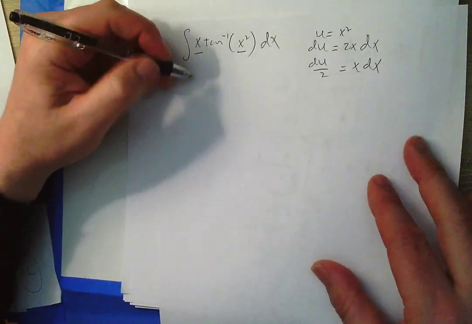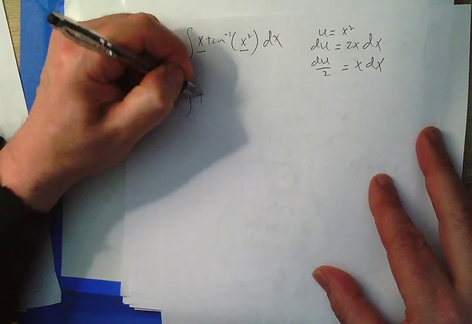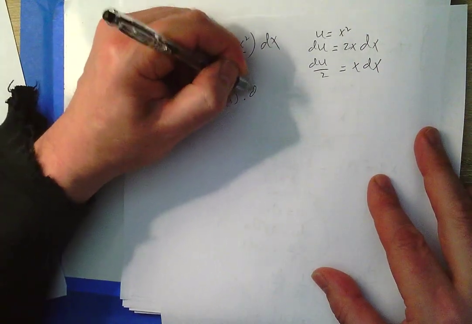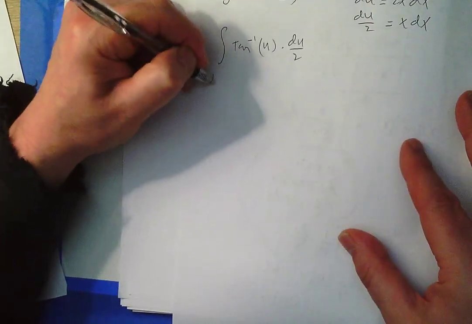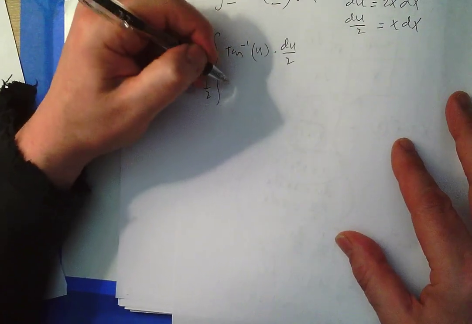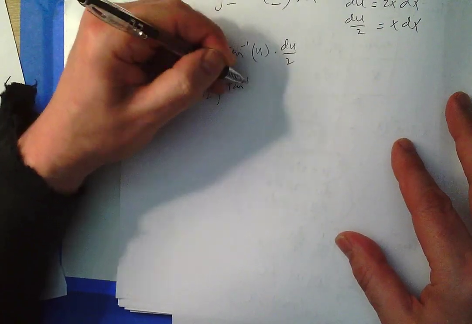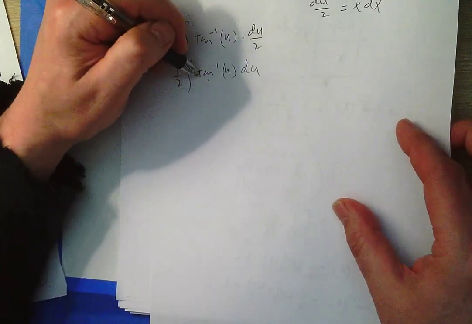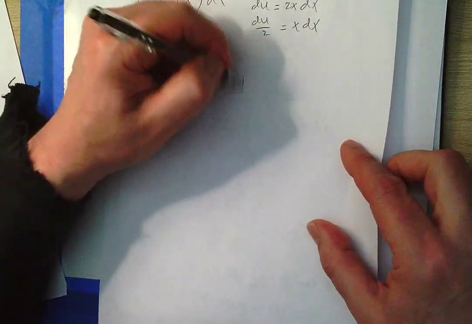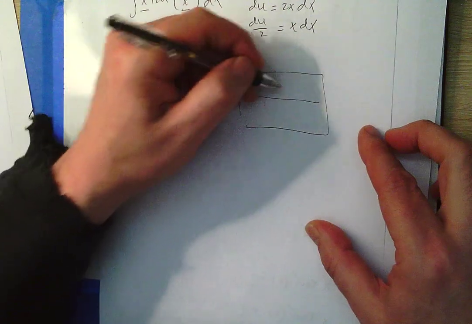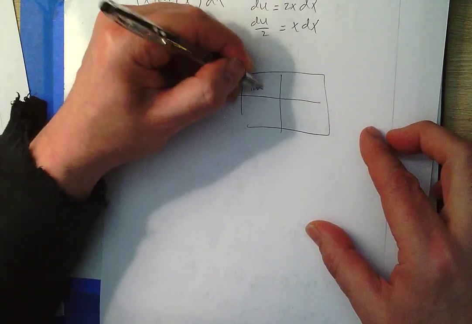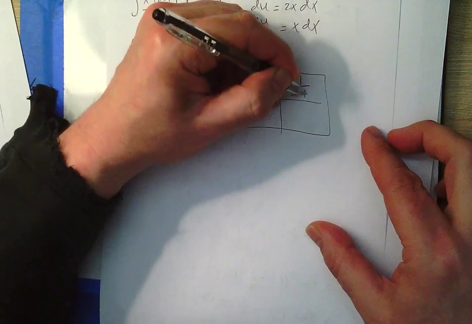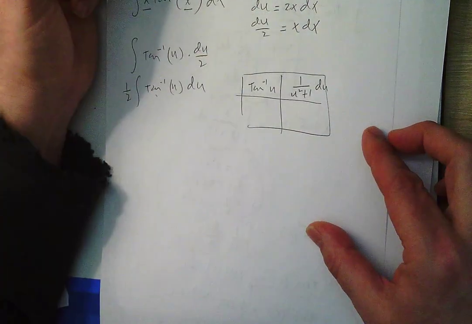So I can rewrite this integral as tangent inverse of u times du over 2, or 1/2 integral tangent inverse of u du. Now I'm ready to do the last antiderivative that we did. Remember, we did that by parts. We put tangent inverse here, and the derivative, 1 over u squared plus 1 du down here.